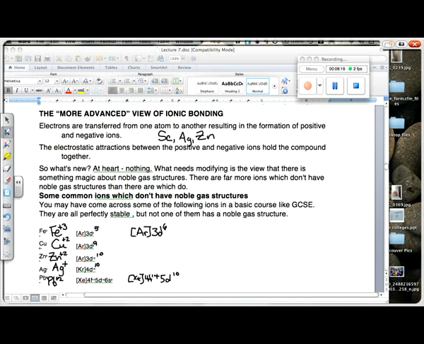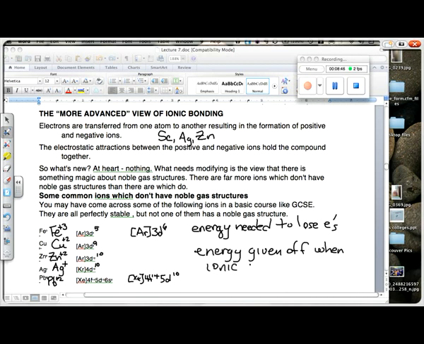And as I said in lecture 7, it's a balancing act between the energy needed to lose electrons, that's an energy in thing, to the energy out, energy given off, lowered in energy, when an ionic compound forms.